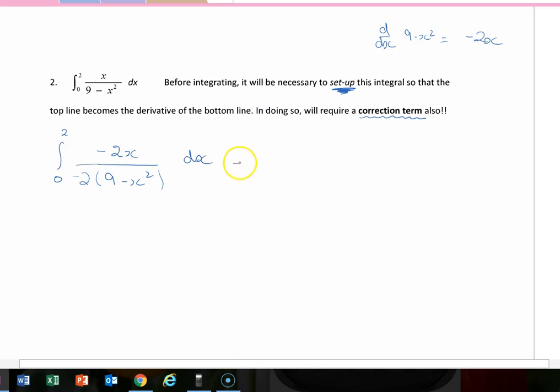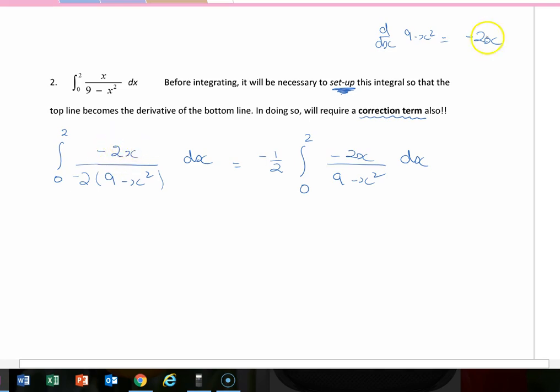So integrating that, this is really 1 over -2, and I'm going to take that out of the integral. It's like a constant sitting in there. I'm going to keep all of that, because then this is really nicely the log of 9 minus x squared. So you can see I've deliberately set up the integral by introducing a variation of the number 1.